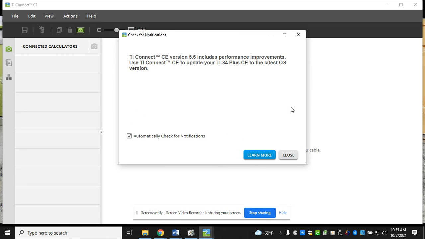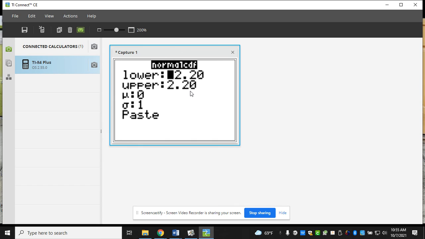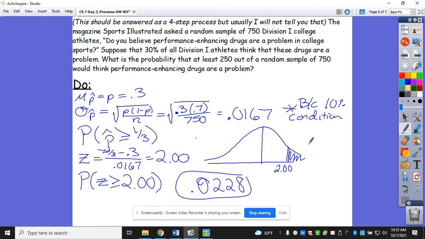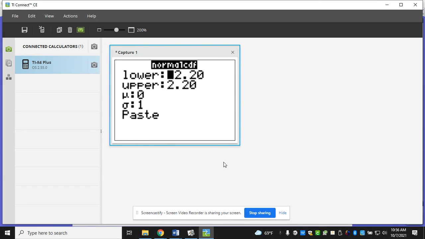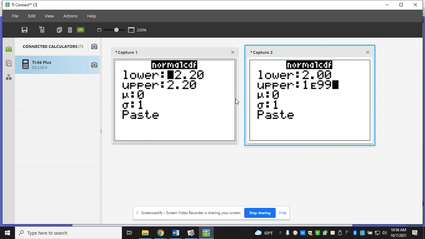If I use the calculator to do it, here it prompts me with a lower and an upper. So in this case, what would I put as my lower? What's the lower bound of the shading part? 2. So I'd put 2.00 in the lower, but what would I put as my upper? 1E99, which is close to positive infinity.